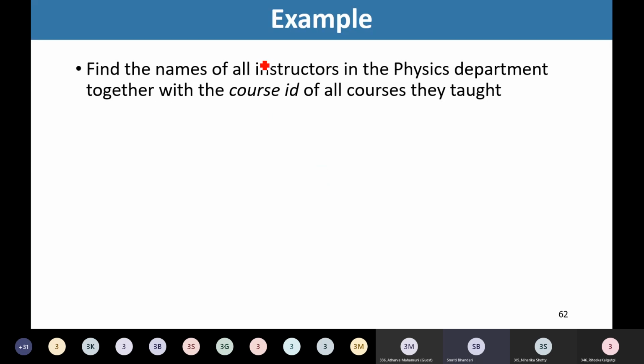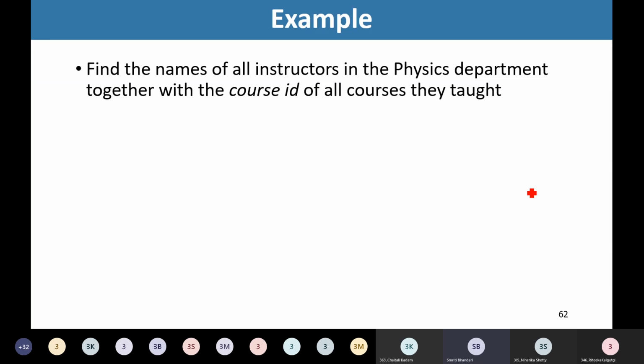We want to list the name of the instructor along with the course ID of the course taught by that particular instructor, for instructors and courses belonging to the physics department. So this is what we want to extract.